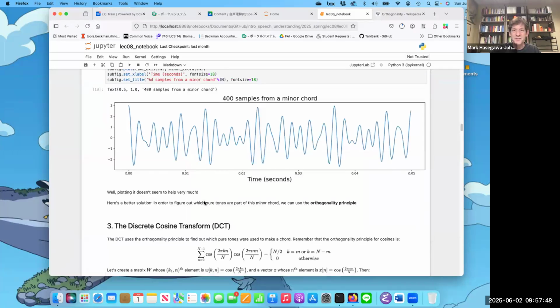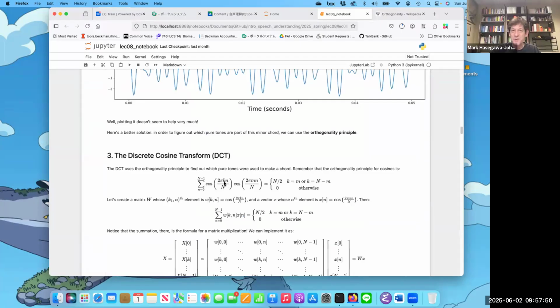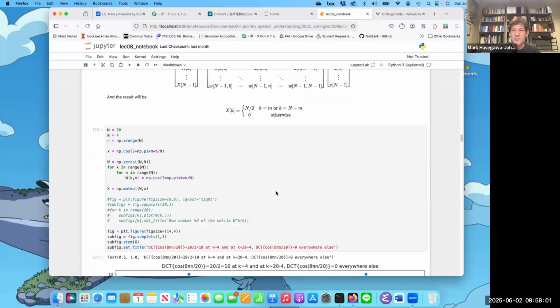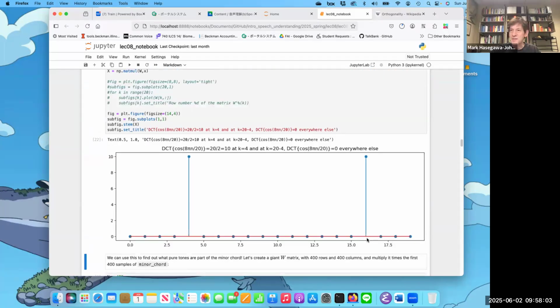Right, so that's exactly this formula. I multiply a frequency 4 cosine times a frequency 4 cosine, I get 10. Any other cosine gives me a 0, except for this one. The frequency is 16. 16 is 20 minus 4. And so this 16 is being aliased from the frequency 4.